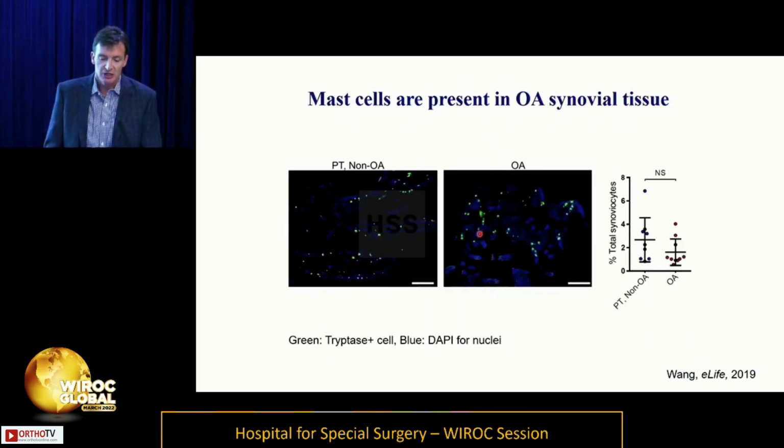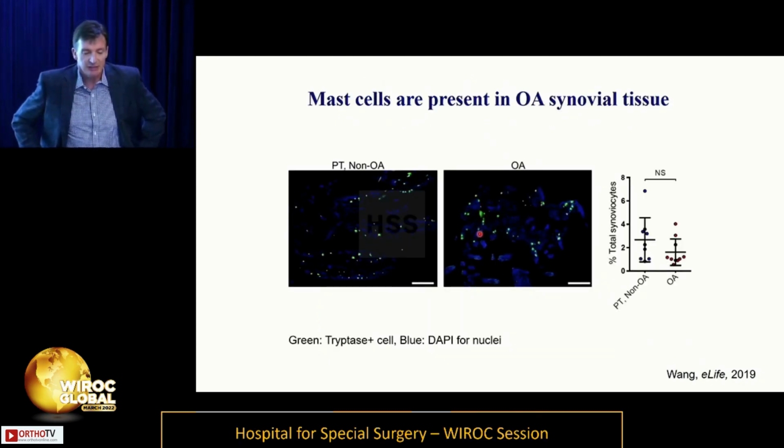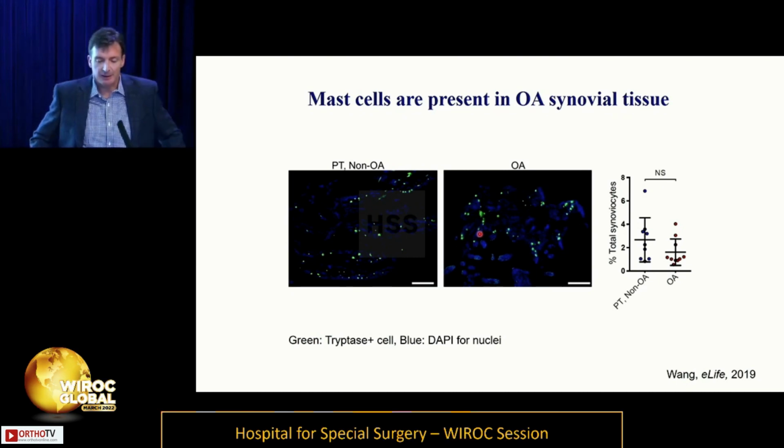Next, we looked histologically, and we did stains with tryptase, which is a very specific protein for mast cells. And we found, to our surprise, you don't even have to look to find tryptase positive cells, the green cells here, in OA synovium. And this OA is on the right here, and post-trauma non-OA is over here on the left.